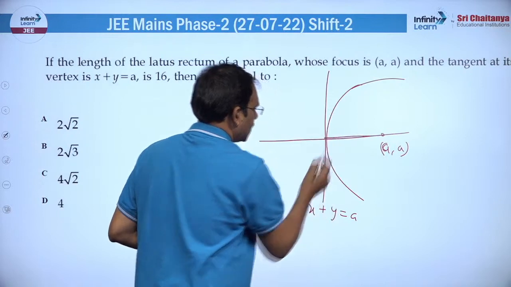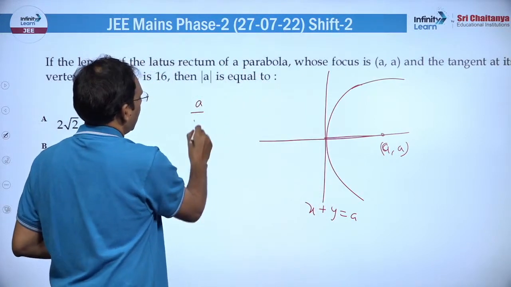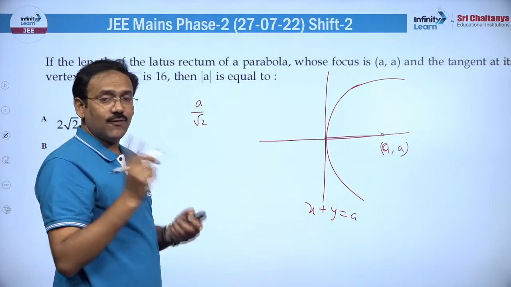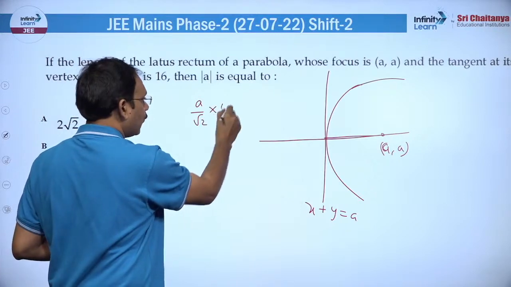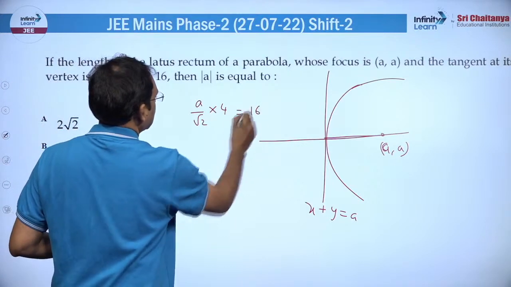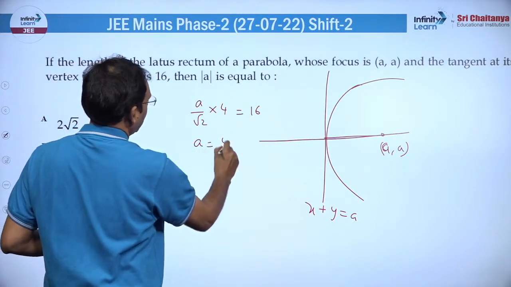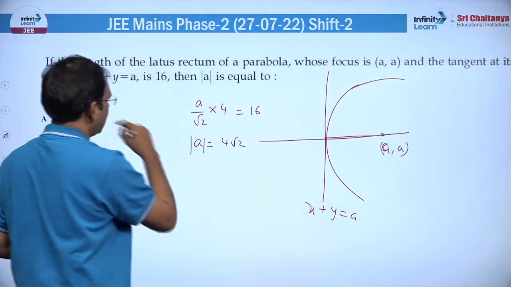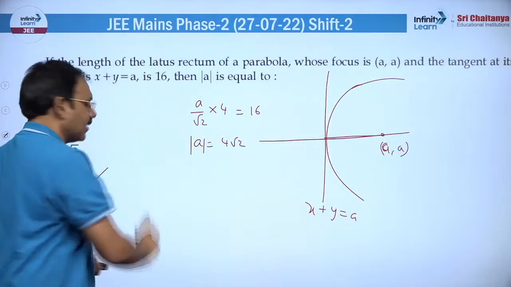The perpendicular distance from the focus to this line is a by root 2. According to our formula, this is small a, into 4, gives the latus rectum. This value is given as 16. So a is going to be 4 root 2. Of course, my dear friends, mod a, 4 root 2 is the answer.